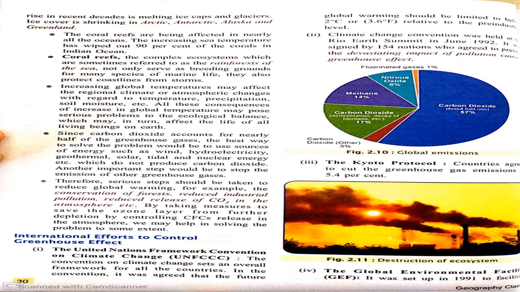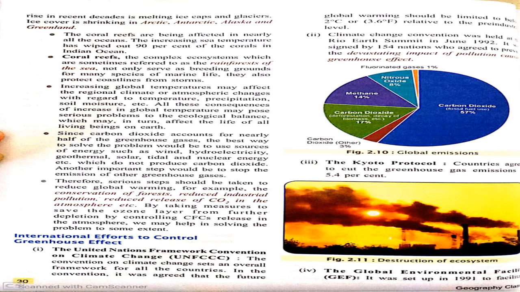Okay, this you need to remember. It was signed by 154 nations who agreed to prevent the devastating impact of pollution causing the greenhouse effect. So these 154 nations agreed to bring a stop to the pollution causing the greenhouse effect.